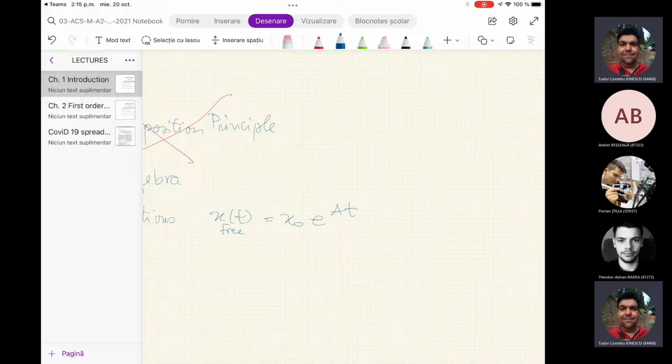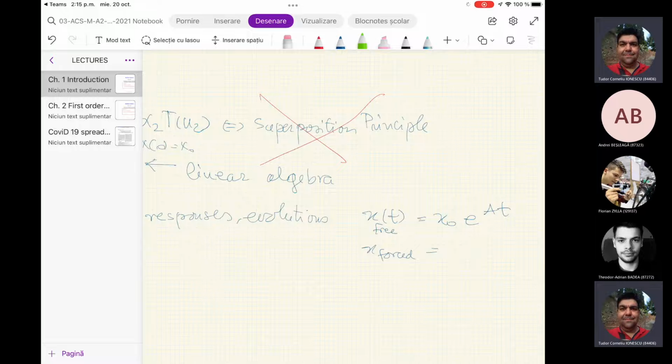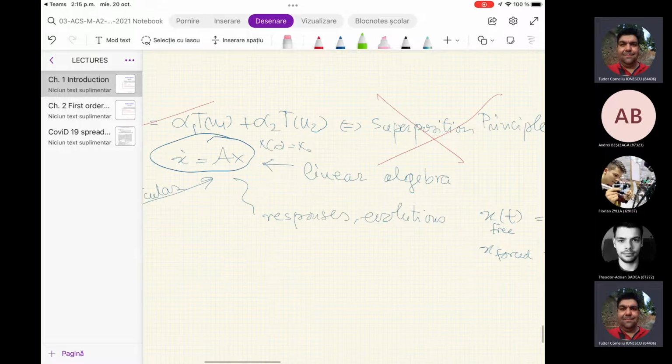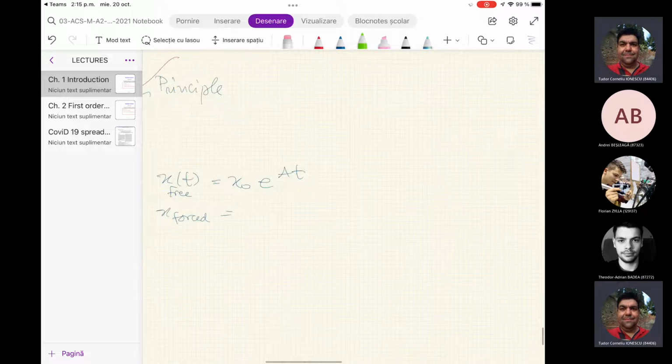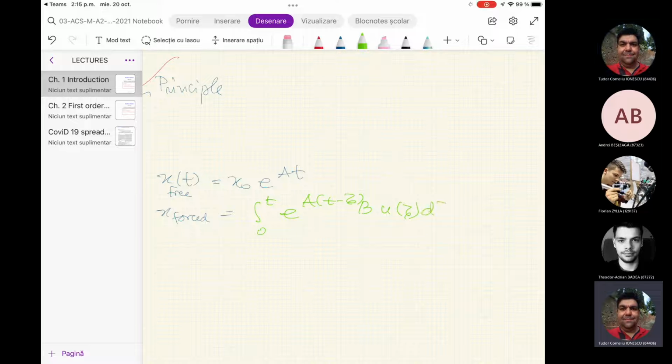And then of course there's also the forced evolution, when you have here an input u, plus Bu. The forced evolution is an integral from 0 to t of exponential of A(t minus tau) B u(tau).